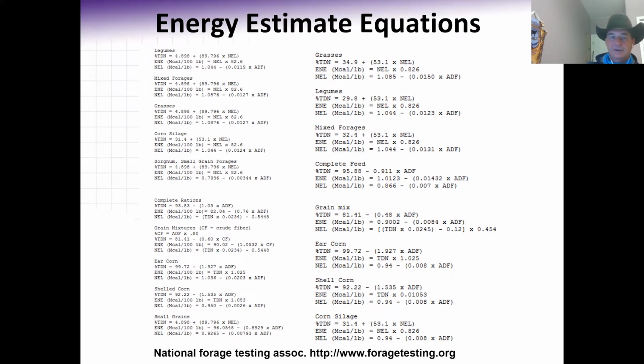You'll see an equation for legumes. You'll see an example for mixed forages. So if you have a sample of alfalfa and a sample of grassy alfalfa, you want to make sure you label those accordingly.